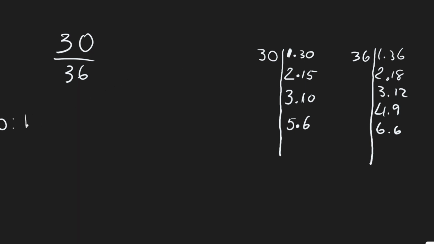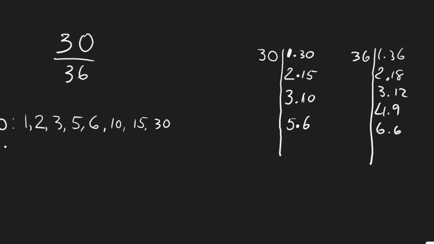I'm going to put 1, 2, 3, 5, 6, 10, 15, 30. These are the factors of 30.